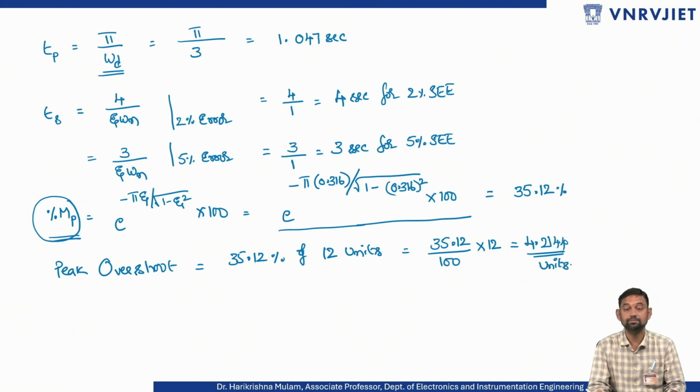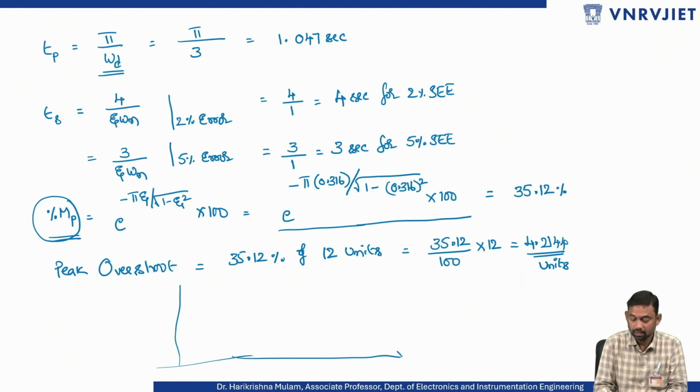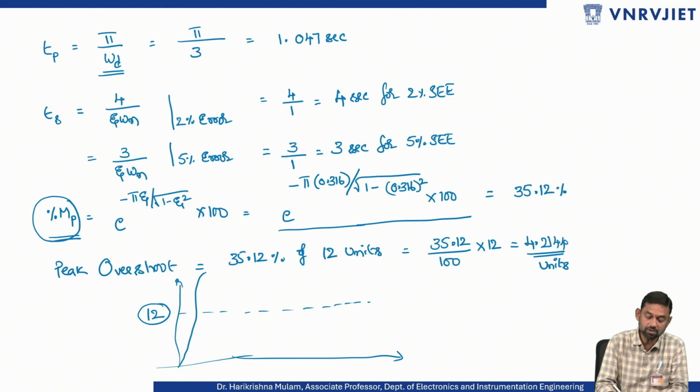Therefore, let us see how the time response looks like. See, this is the unit step input, or in this problem it is step input of magnitude 12, therefore 12 unit step input, and for step input the response of second order system looks like this.